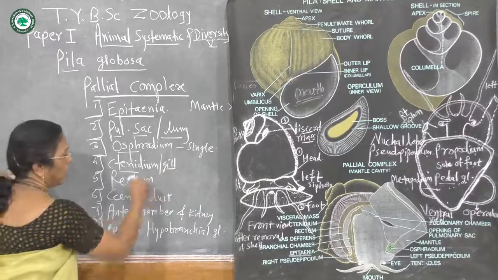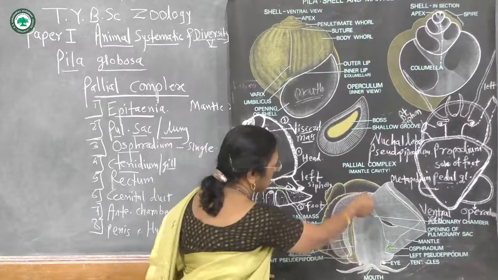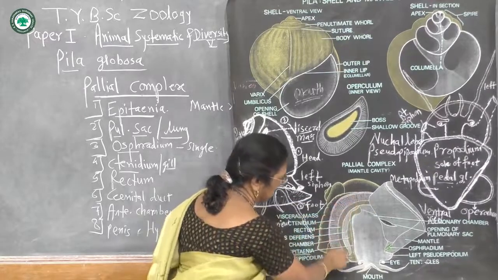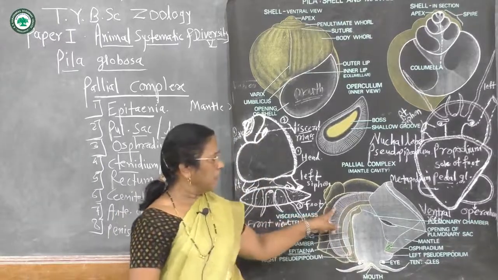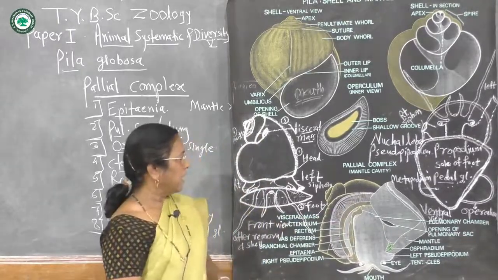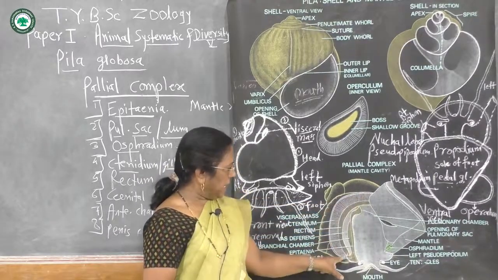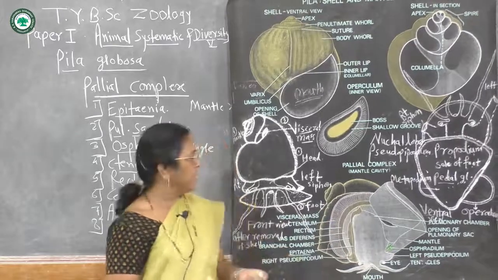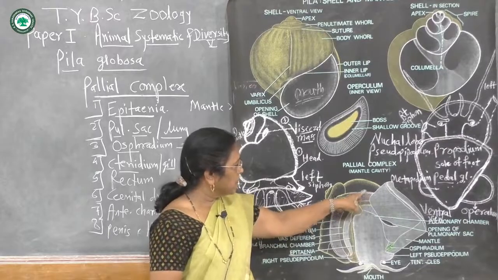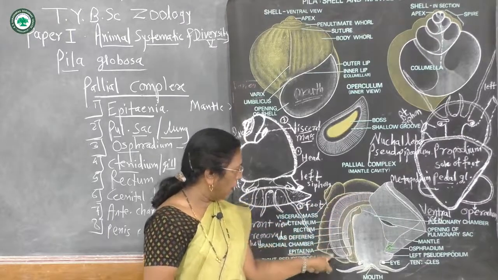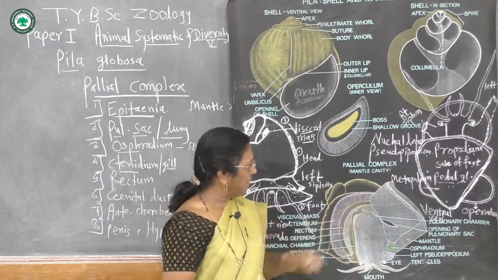Then the ctenidium or gill. This pink colored part, the ctenidium or gill, is single. It is the aquatic respiratory organ. We have seen it in the respiratory system. This ctenidium has a single line of attachment with the help of which it attaches to the mantle wall, and it shows a number of triangular leaflets or lamellae.